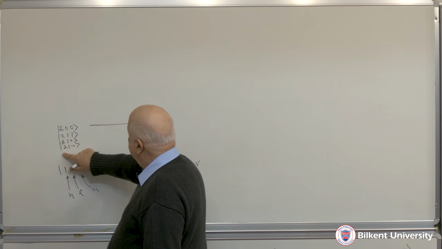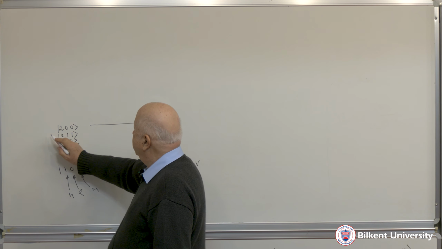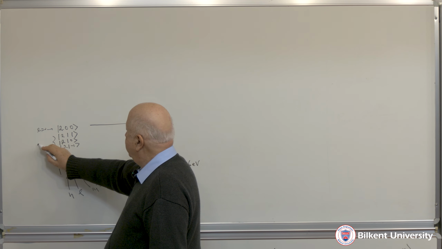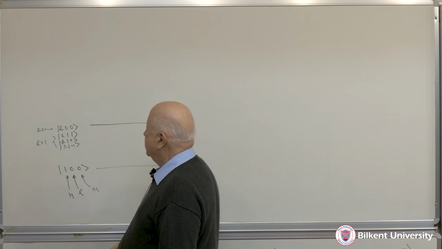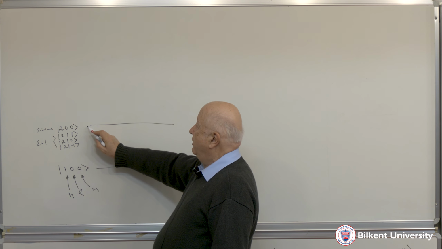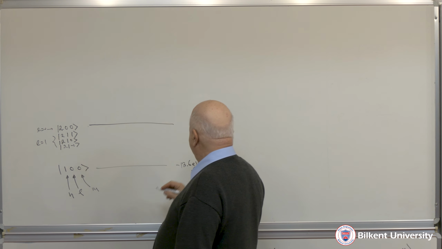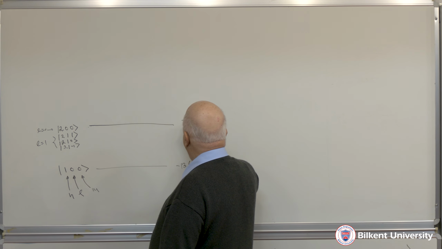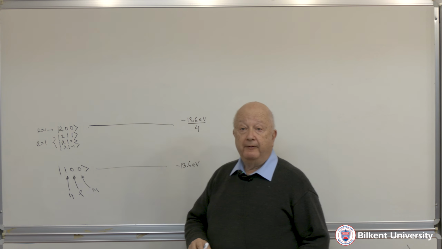So this is the L equal to 0 state, and I also have 3 L equal to 1 states. All of these things have the same energy. That's going to have an energy, because it's n equal to 2, of minus 13.6 electron volts over 4.